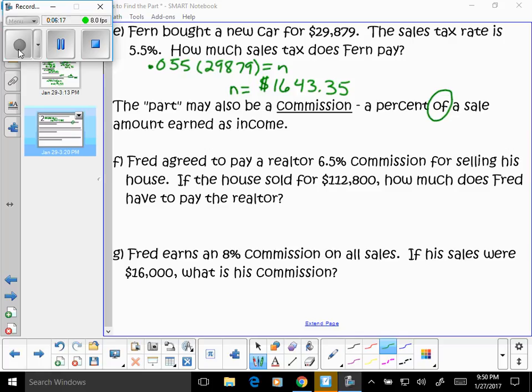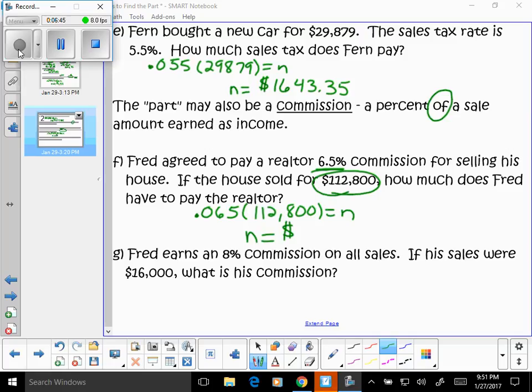Now here's my percent, and here is the total amount the house is worth, $112,800. So Fred is going to have to take 0.065 times 112,800 equals N. Yes, we use the N. We're dealing in money.